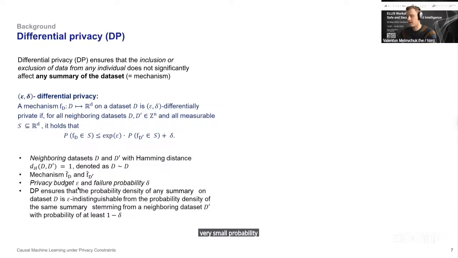Here epsilon denotes the privacy budget, and we also allow for some delta, which is called failure probability. Essentially, differential privacy ensures that whatever algorithm we run on one data set, its output is almost indistinguishable from the same algorithm being run on the data set D prime, with a certain probability.